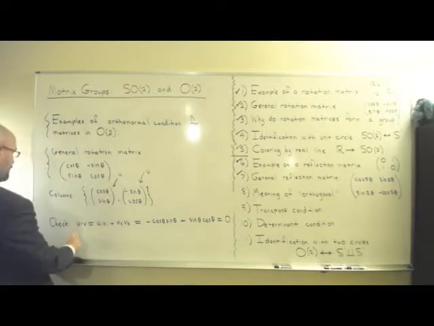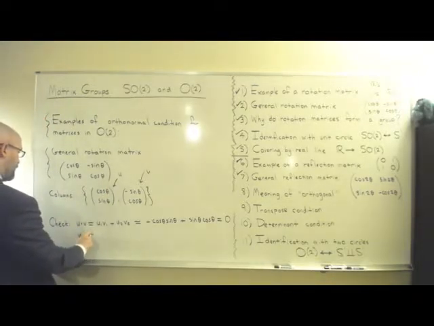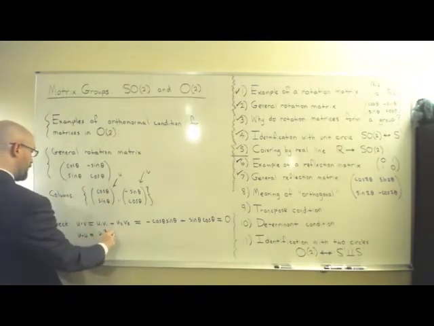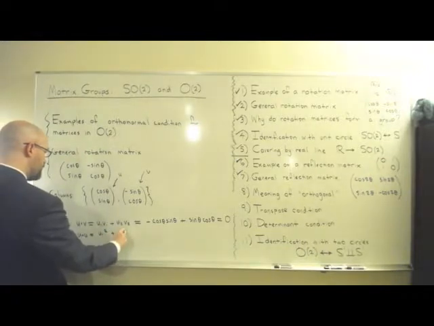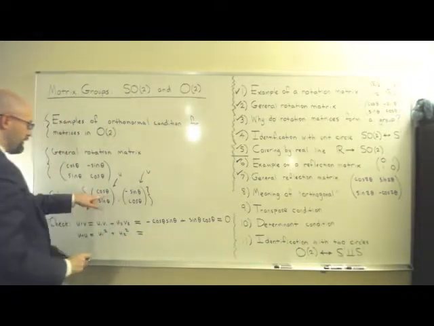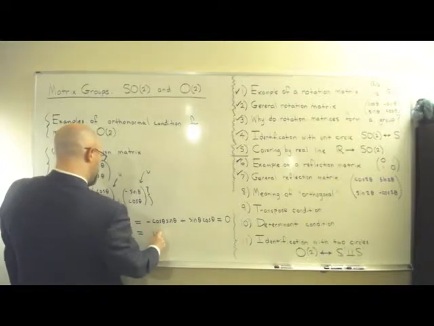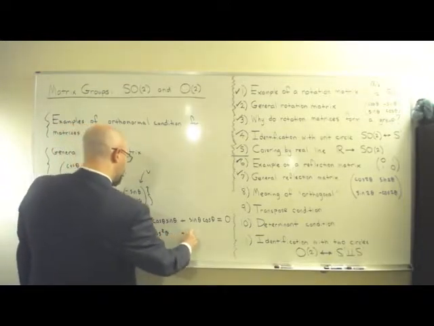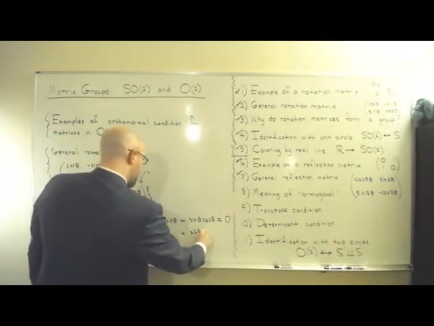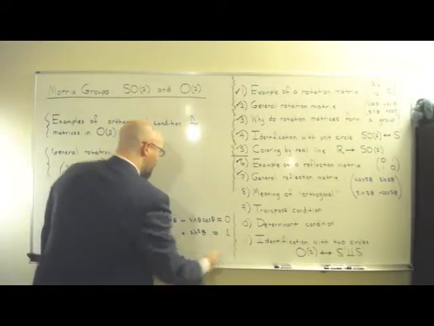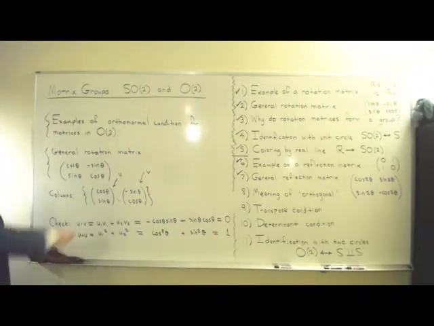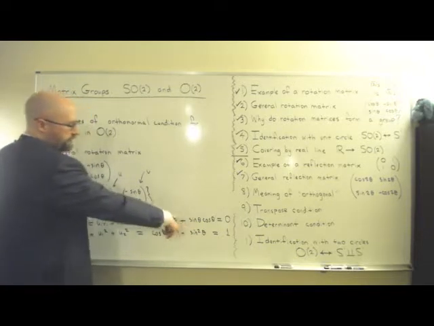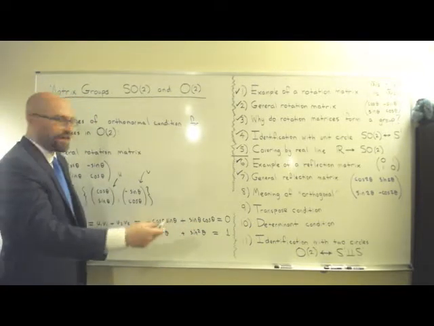And then I could take U dot U. And so this is U1 squared plus U2 squared. So that's cosine squared theta plus sine squared theta, and that's equal to 1. That's the most famous trig identity, right?